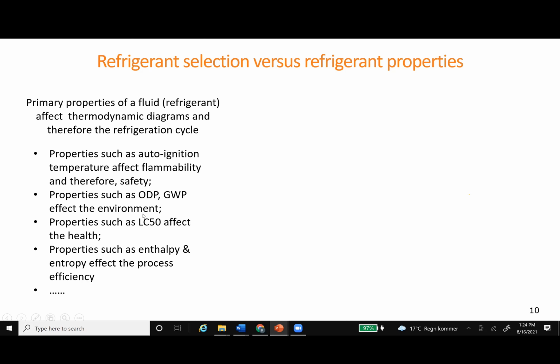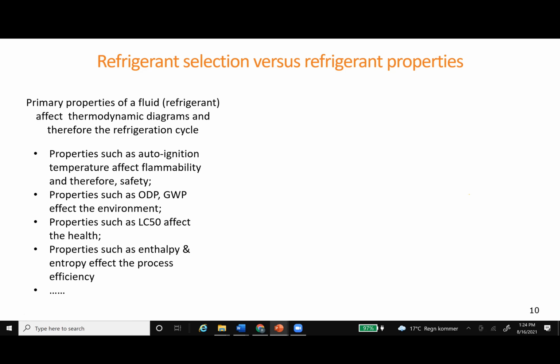We need environmental properties: ozone depletion, global warming potential, indirect CO2 emission. We also need properties related to toxicity, which is related to health, even exposure on skin. All of those are here. So there's a large number of properties needed.